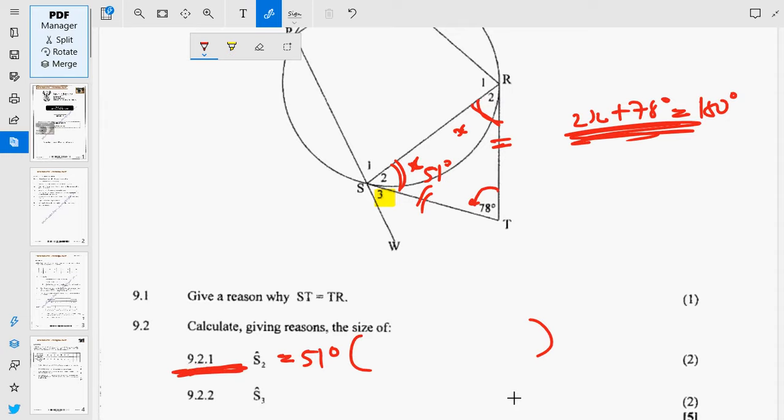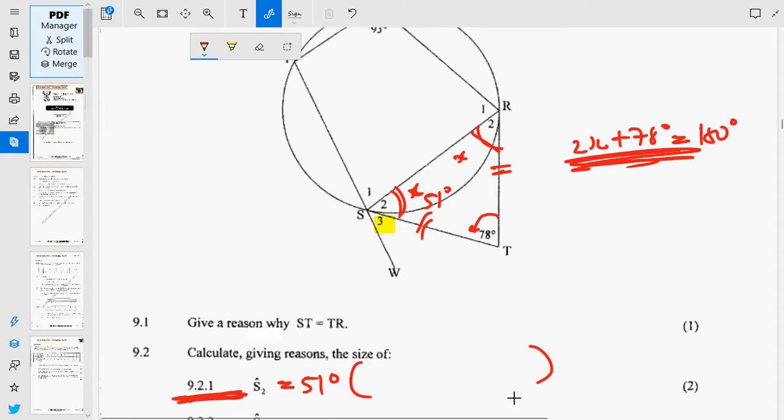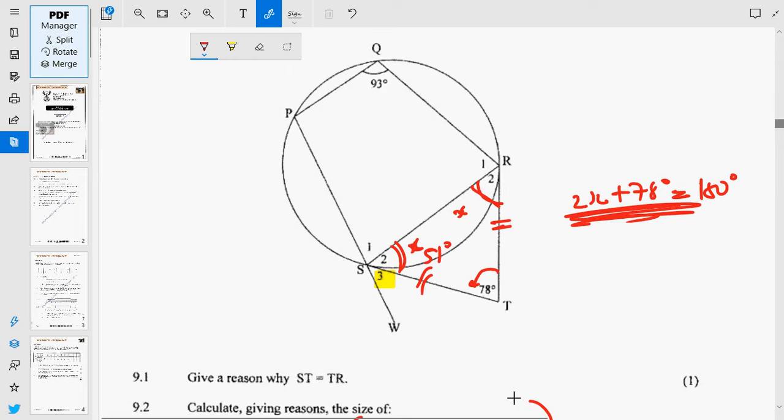Now, you will have to look at this figure, and you will see that what we've actually got here is a cyclic quad, because all 4 points lie on the circumference of the circle. We are given that this angle is 93.